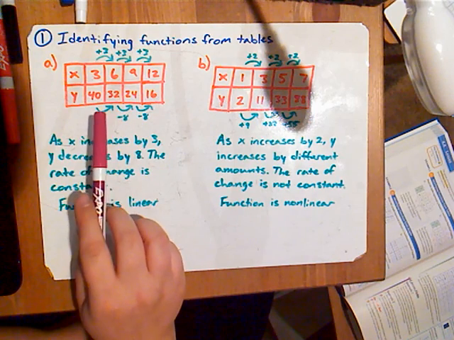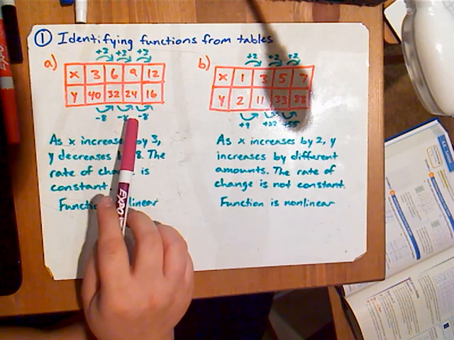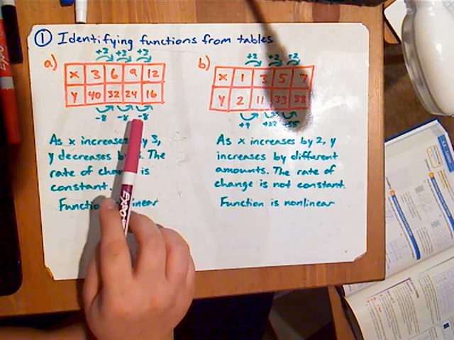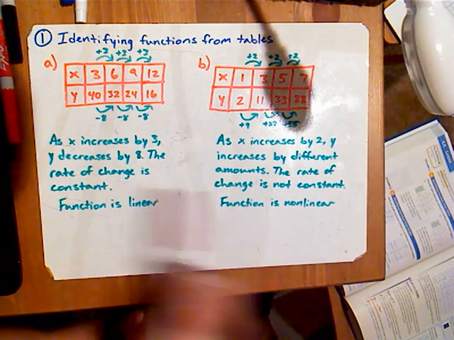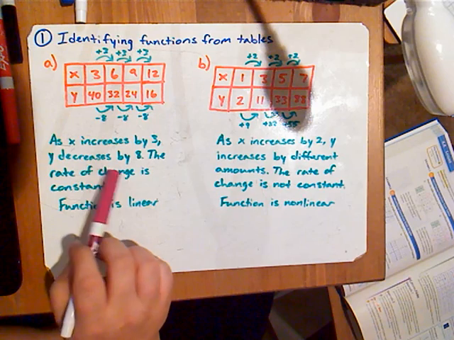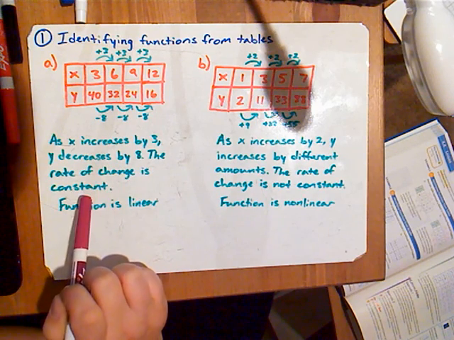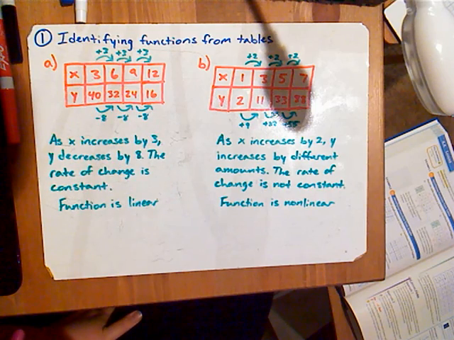With our y's, we go from 40 to 32, we subtract 8. 32 to 24, subtracting 8. And 24 to 16, subtracting 8. So as x is increasing by 3, y is decreasing by 8. So the rate of change is constant, meaning that this function is going to be linear.